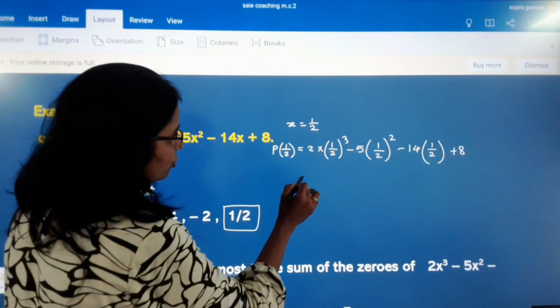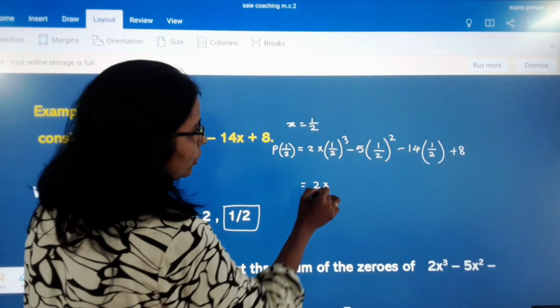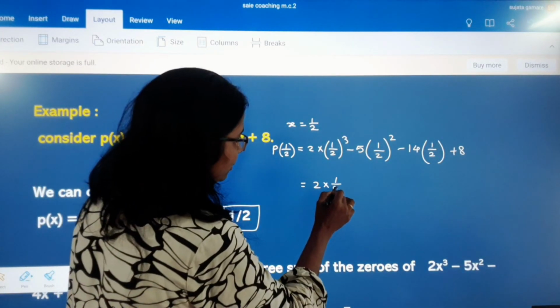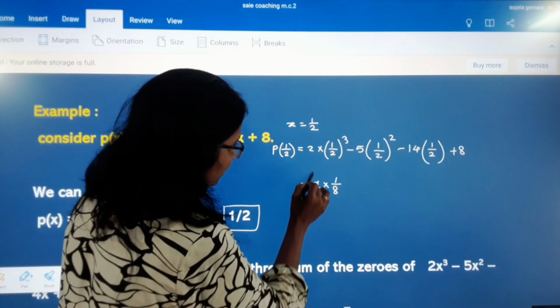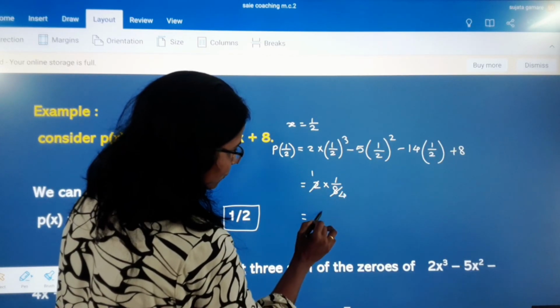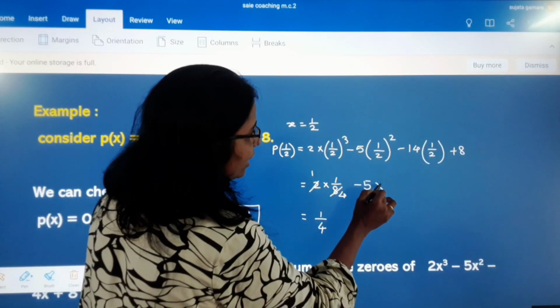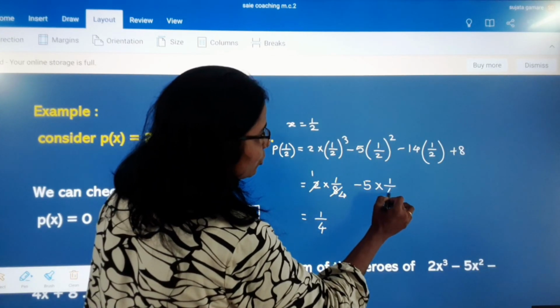Now 2 into the cube of 1 upon 2, which is 1 upon 8. 2 ones are 2, 2 fours are 8, so that is 1 upon 4. Now 5 multiplied by the square of 1 upon 2, that is 1 upon 4.